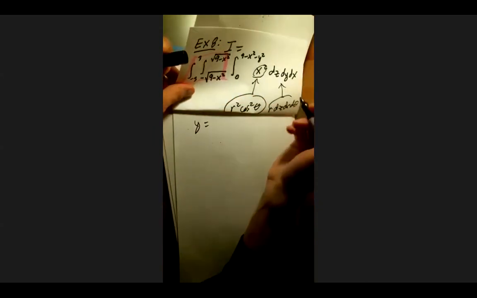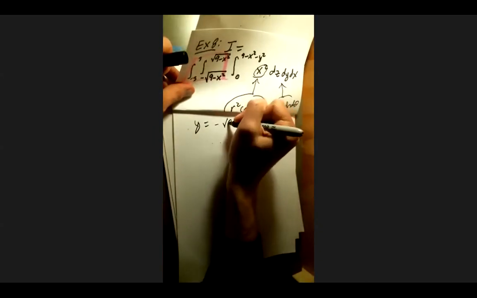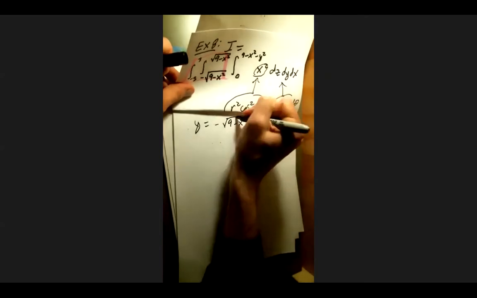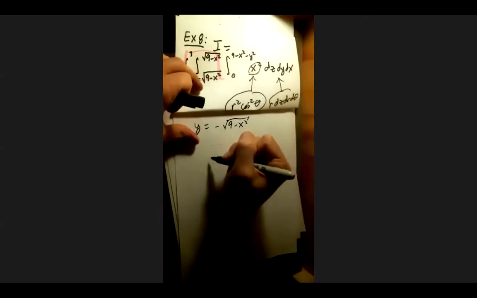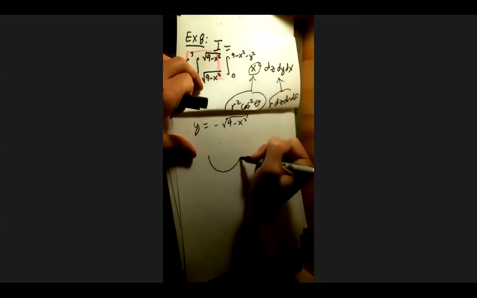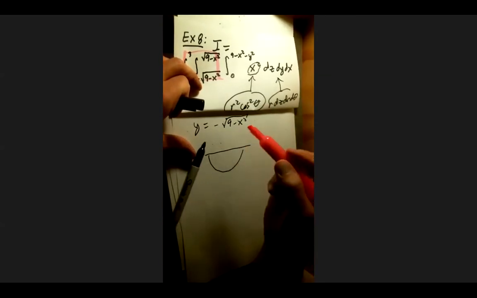So we want to look at y equals negative root 9 minus x squared, and that would be the bottom half of a circle right here.